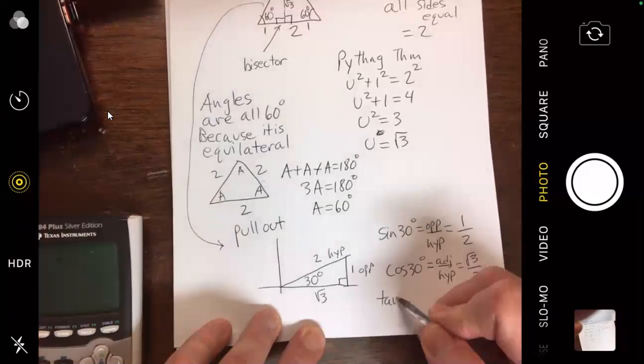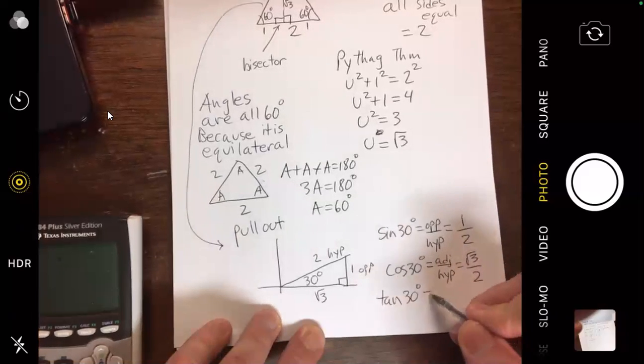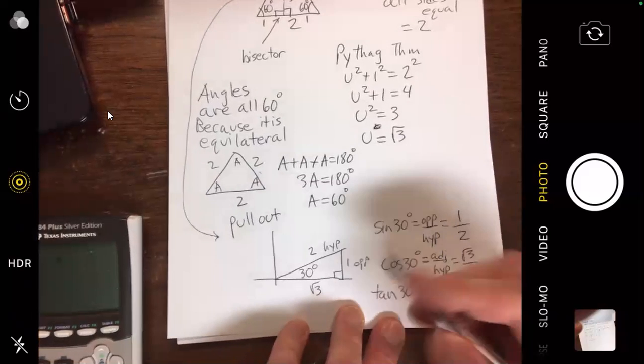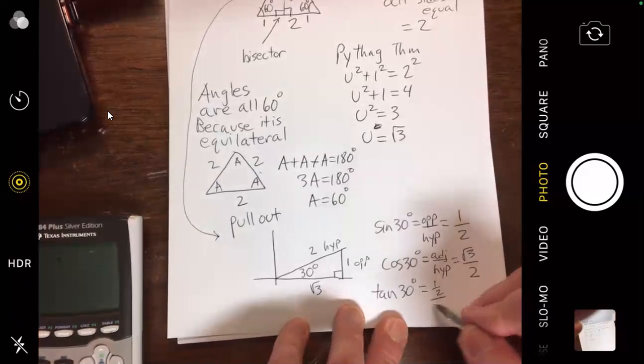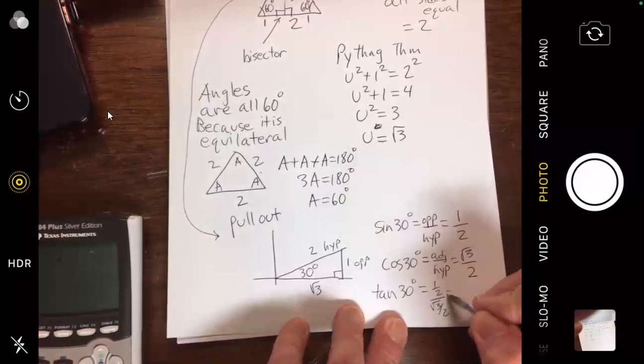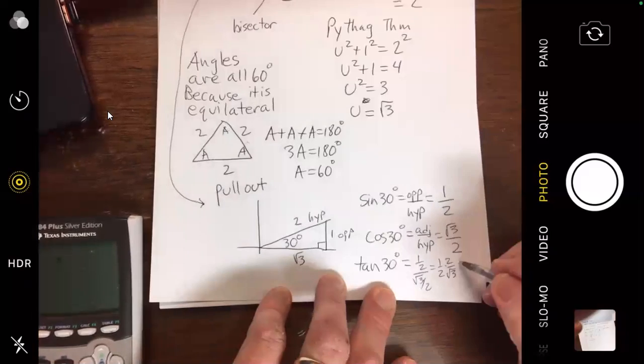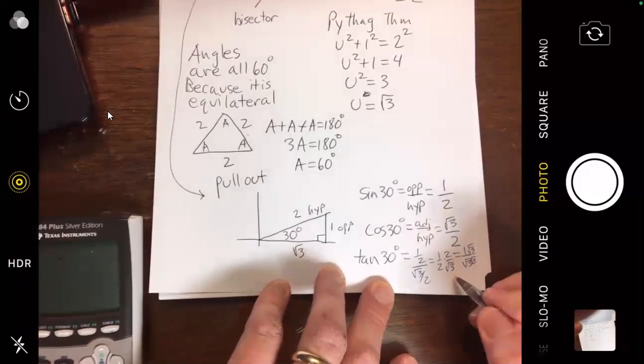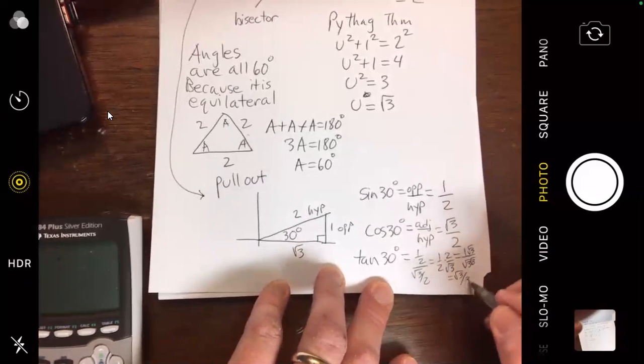Tangent of 30 degrees is sine over cosine, y over x, 1/2 over root 3 over 2, which is 1/2 times 2 over root 3, or 1 over root 3. Rationalize, which is equal to root 3 over 3.